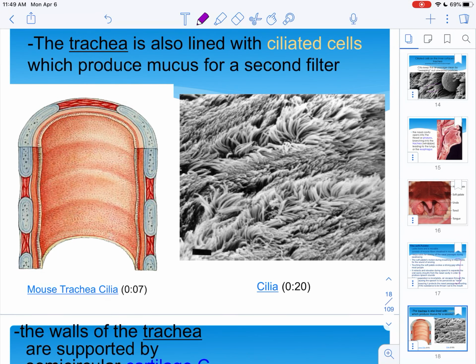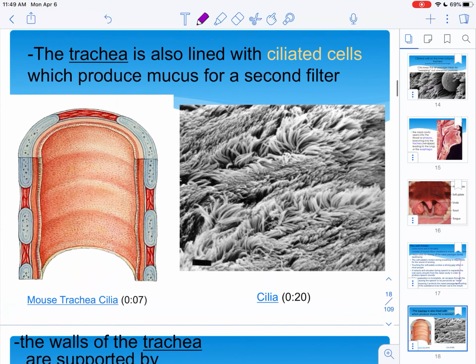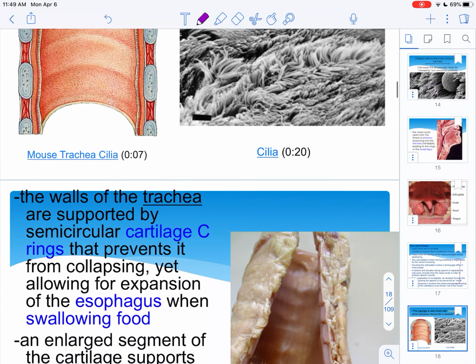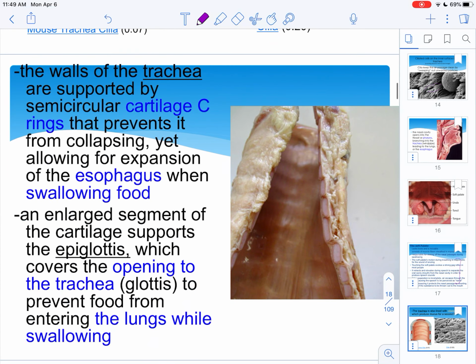The trachea, besides your nasal cavity, is also covered with cilia. And moving down the trachea, we were talking about how there's C-shaped cartilage in there to keep it sturdy so that air is always allowed that movement through there.